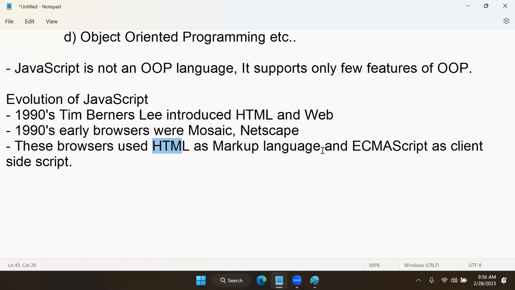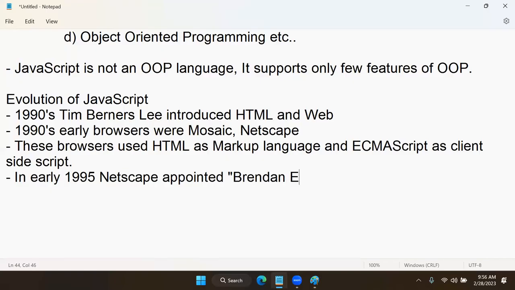So ECMA script was unable to handle HTML properly. That's the reason that in early 1995, Netscape appointed Brendan Eich to develop a script for the browser.